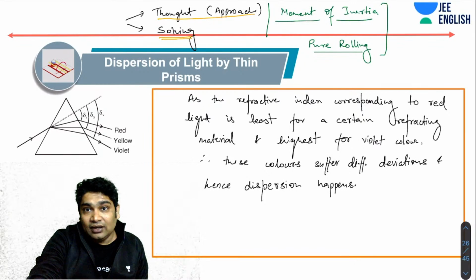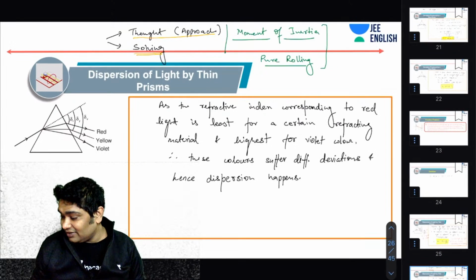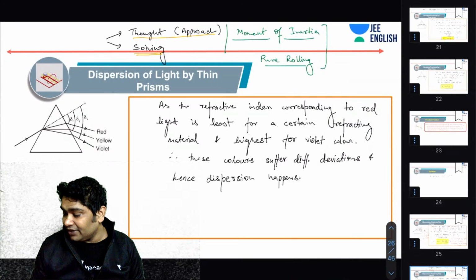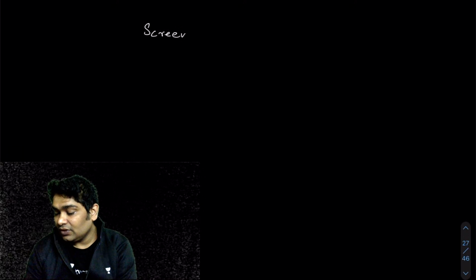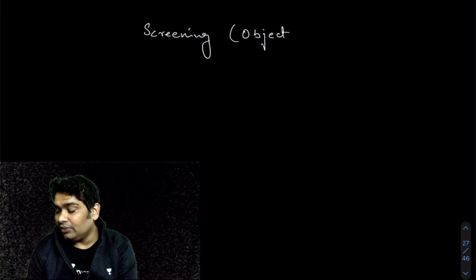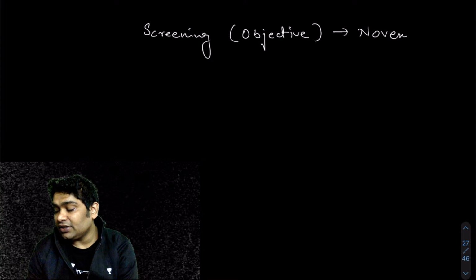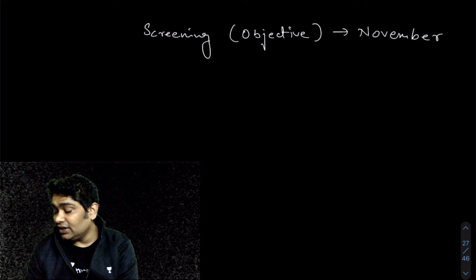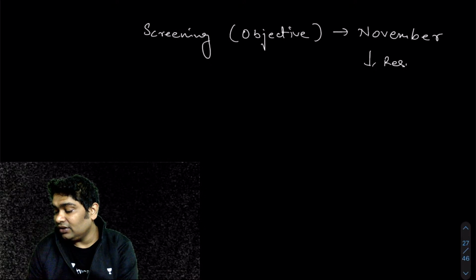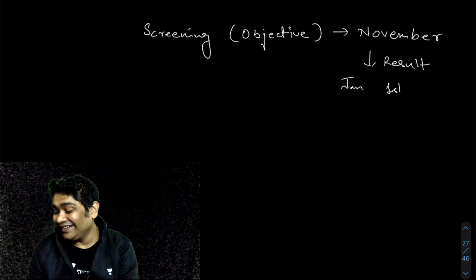I'll tell you. When I was a student, we used to have a different pattern altogether for JEE. We used to have a screening paper, which was an objective paper. That paper was usually held in November, and the result would be declared somewhere in the first week of January, if I remember correctly.